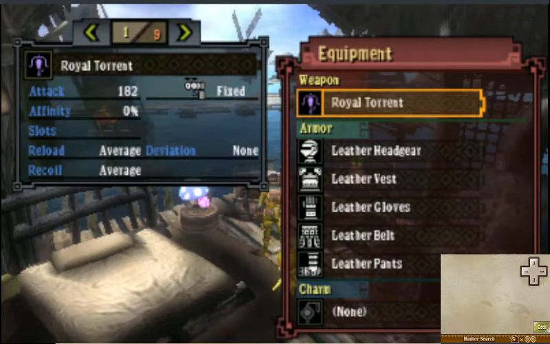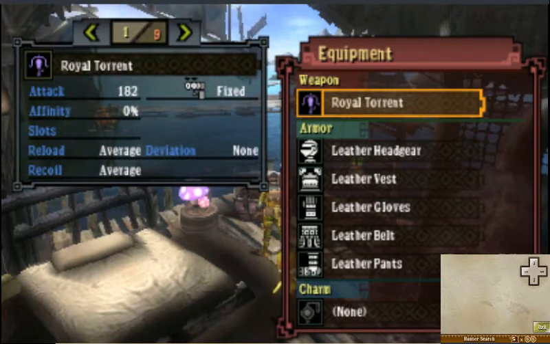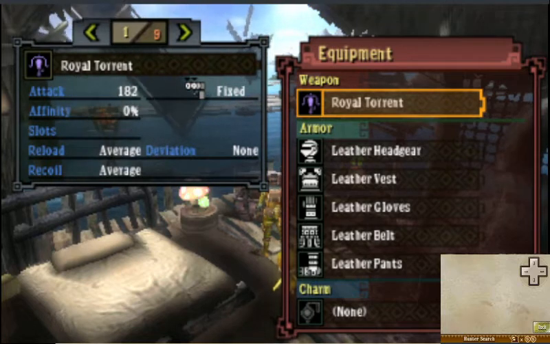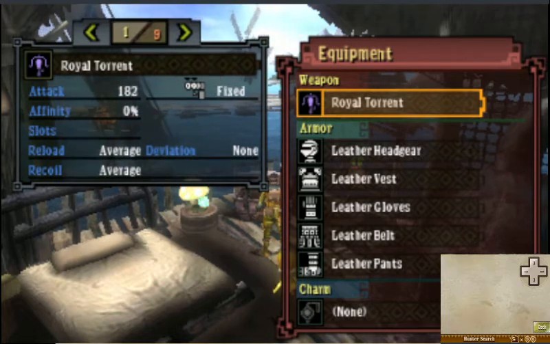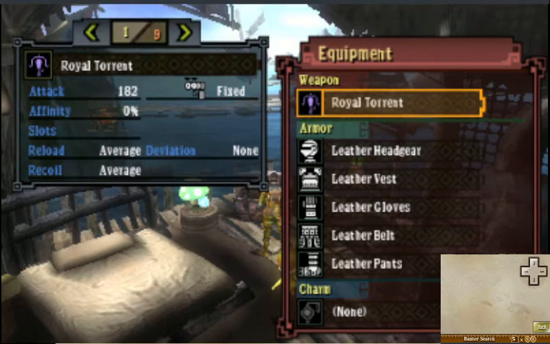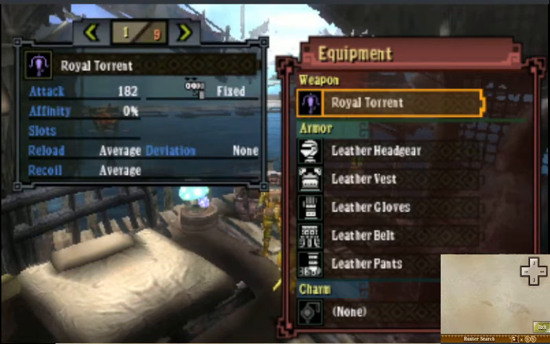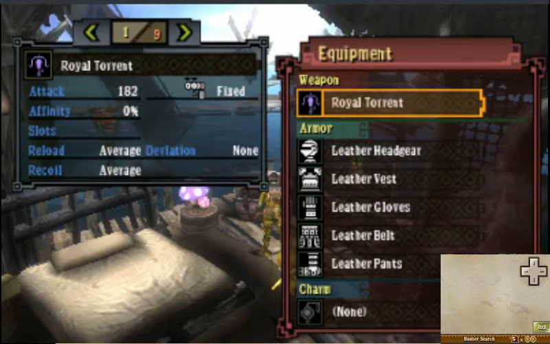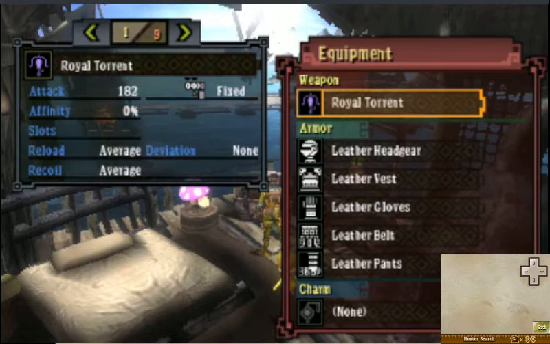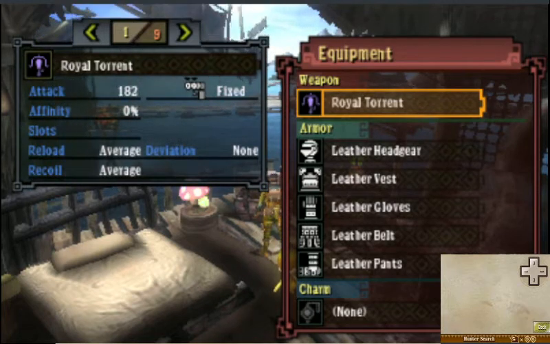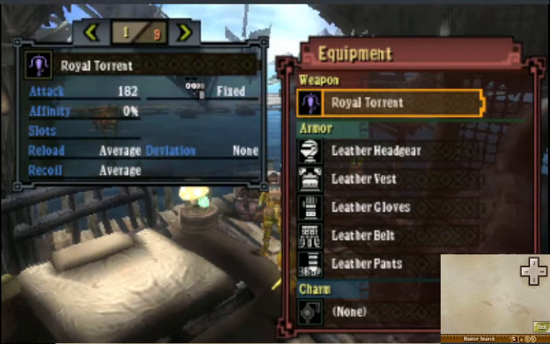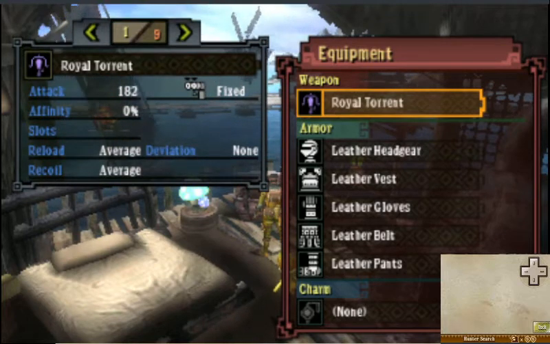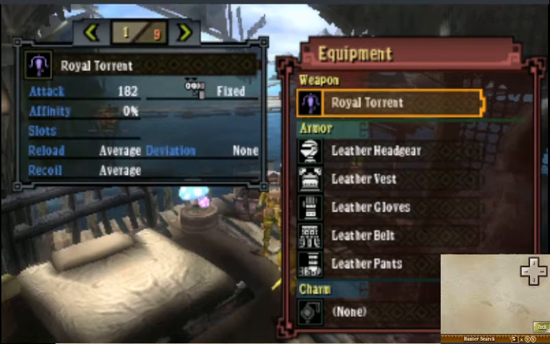Now this bowgun that I have, the Royal Torrent, has a deviation of none, so it will travel in the direction of my crosshair for as long as it flies forward after being shot. If you have a deviation value of something like left or right, it will be accompanied by a direction, left or right, and a magnitude, such as low or average or high.